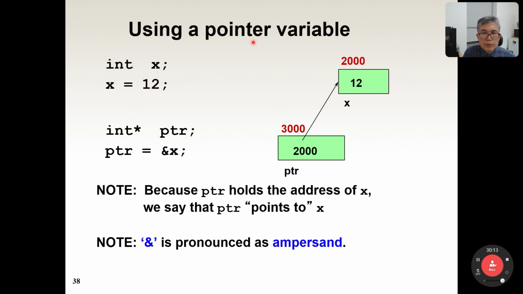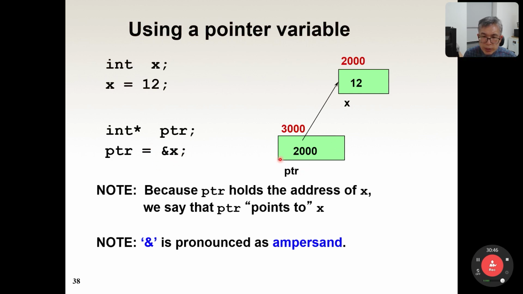Using a pointer variable, int x means we declare variable x of integer type and initialize its value to 12. Then int star ptr is the pointer variable, and this variable can hold the address of variable x. The ampersand indicates the address of variable x.